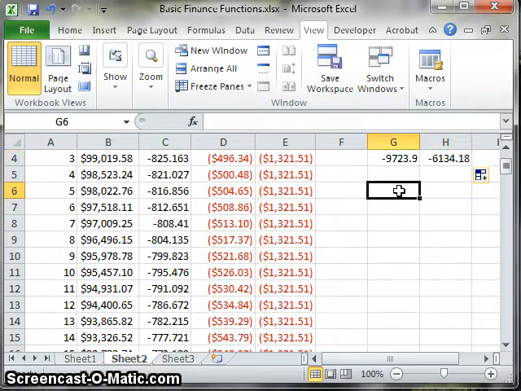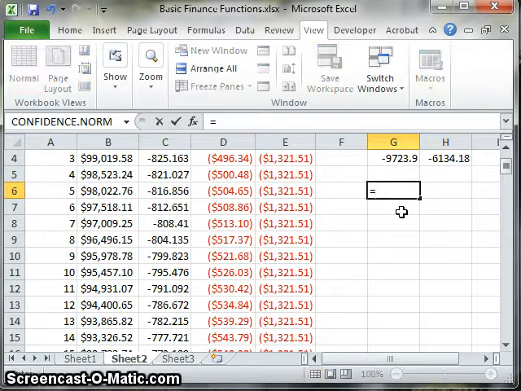A quick, easy way in Excel is to use the cumulative interest and cumulative principal functions, and we'll do that here real quick.